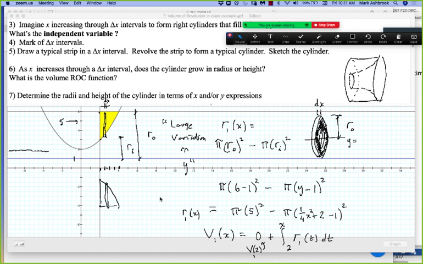But just to address that now, why did we not need a piecewise rate function for this one? The reason we did not need a piecewise rate function is because starting from 2 all the way to 4, these cylinders were exactly the same in their structure. The inside radius was always determined by this curve from 2 to 4, and the outside radius was always determined by this line from 2 to 4.